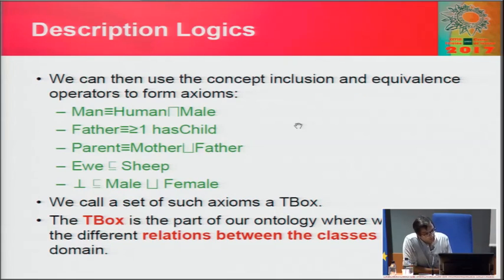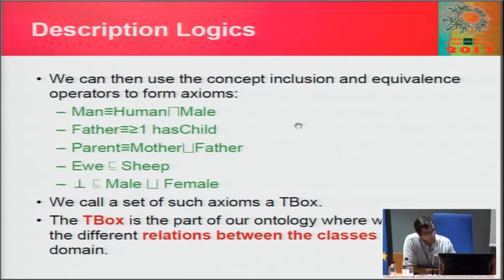So, for example, in our T box we can state that the class Man is equivalent to the intersection of the class of Humans and the class of Males. The class Father is equivalent to the class of all entities that have more than one child. The class Parent is equivalent to the union of the class of Mothers and the class of Fathers.